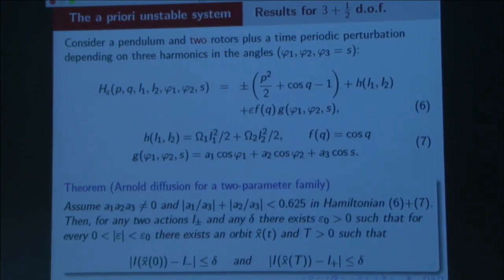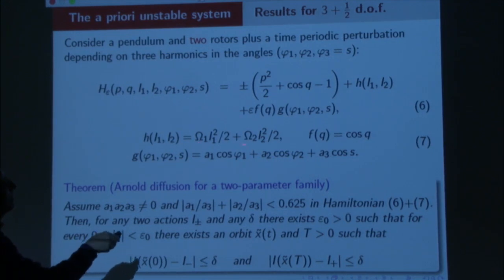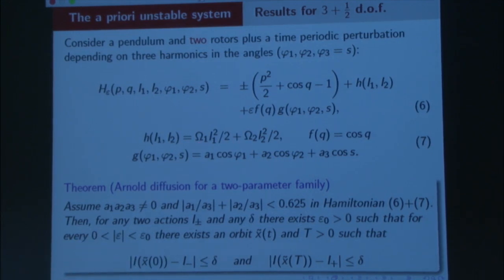To finish, in the 3.5 degrees of freedom, that could be this case. So now imagine that you have like one pendulum but two actions of this kind, okay, with two different omegas that can be positive or negative, whatever, but different from zero. So I have 3 harmonics in this case. I need 3 harmonics also.